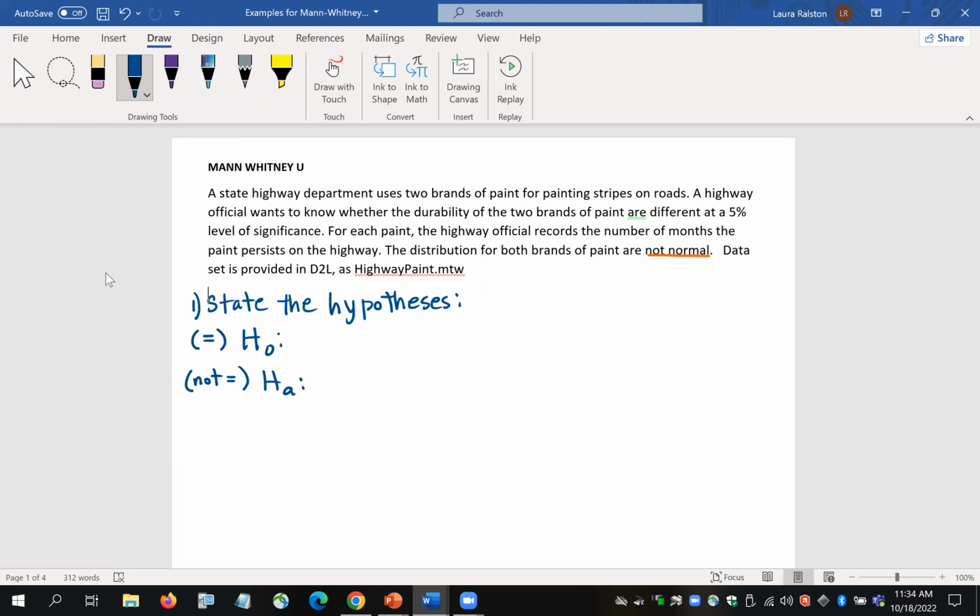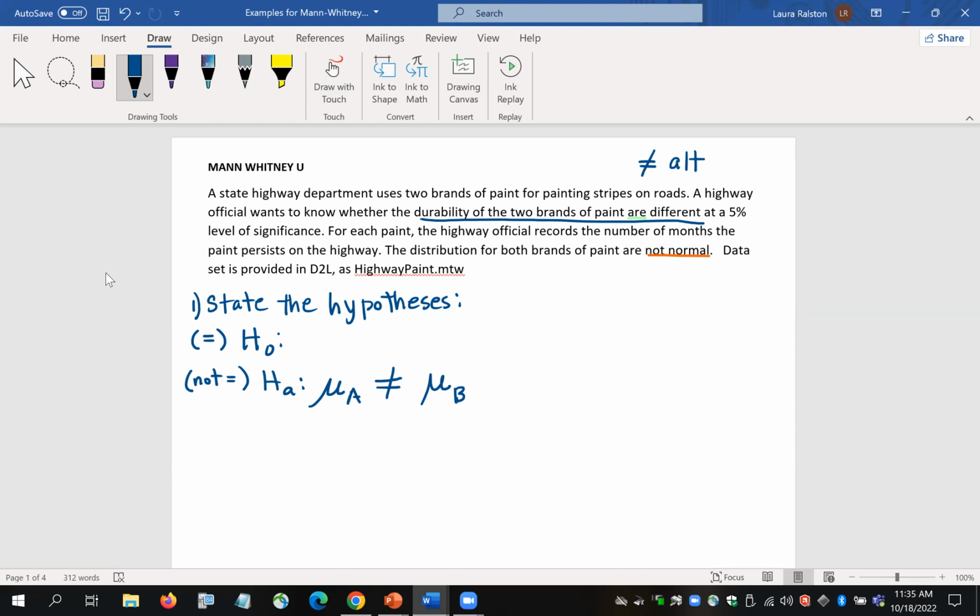So we want to compare brand A to brand B. Fisher wants to know whether the durability of the two brands of paint are different. Again, I see that word different, which makes me think of not equal, which means that statement is the alternative. So I have brand A is not equal to brand B.